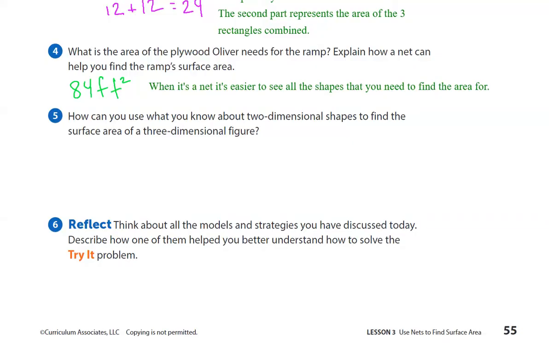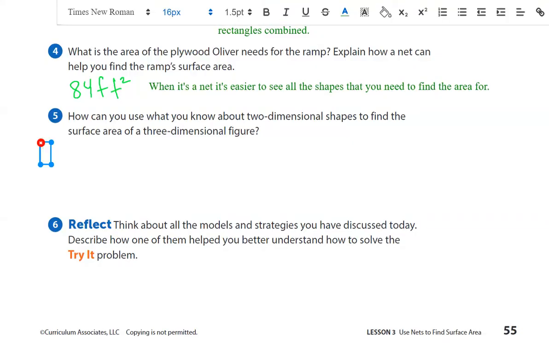I'm going to put mine right here. A 3D figure, you can write out three-dimensional if you want, I'm going to shorten it to 3D, is made up of two-dimensional shapes. Two-dimensional faces, I'm even going to say. It's made up of 2D shapes for its faces.